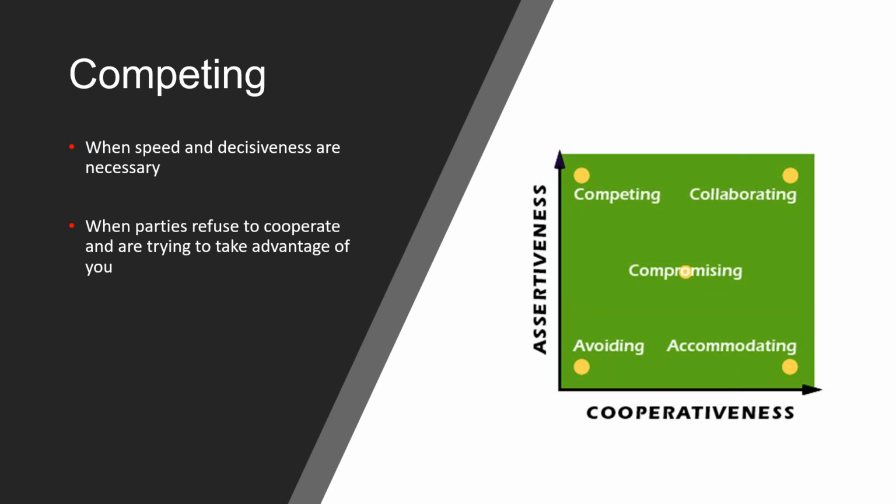So if you had a low score in competing, you might find that difficult to do. But nevertheless, it's important to do that because the other person needs to know where they stand with you in relation to what's important to you. So if you compete, you're letting the person know that these things are non-negotiable, that they are important, and you'll stick to your ground.